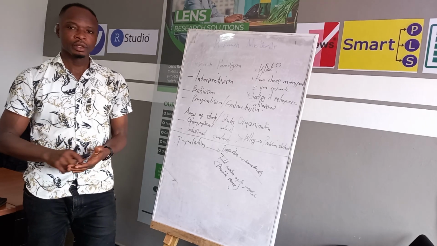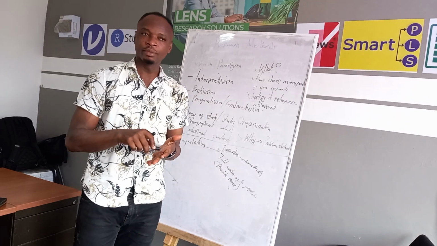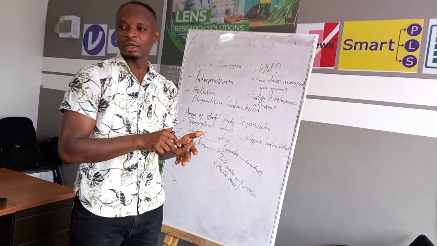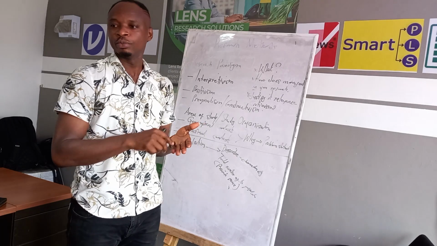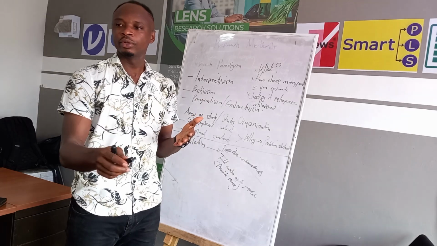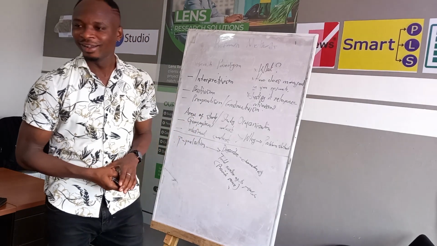So you go there, Kofi Mensah and Sons Chemical Shop, you write their name and give them number one, then number 2, number 3, number 4, number 5. Yes, you think it's easy? On the ground.